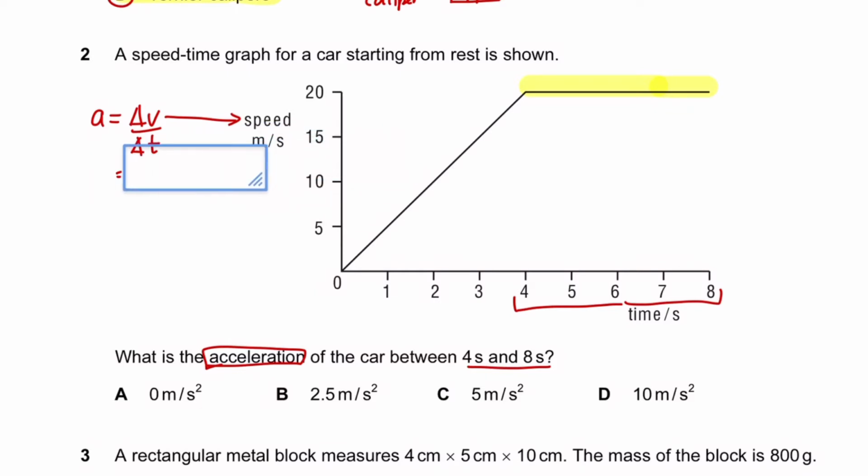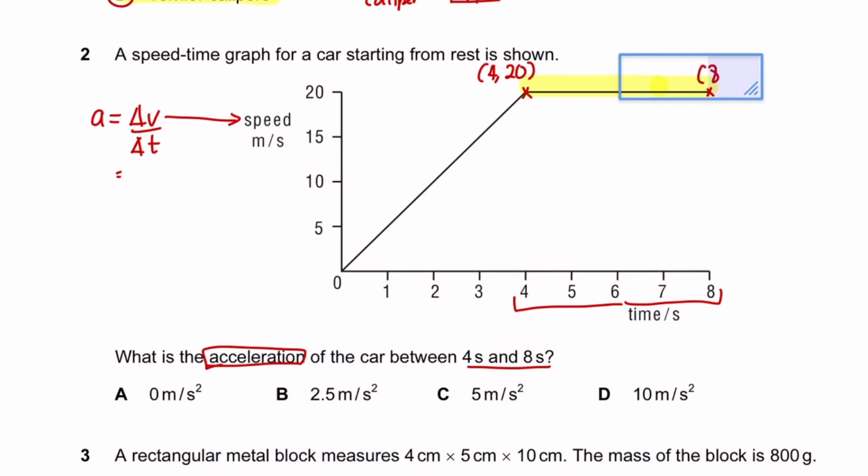By numbers, I mean let's take 2 points. First point is this, and second point is here. Let's figure out the coordinates here. The first coordinate is 4, 20. Second will be 8, 20 as well.